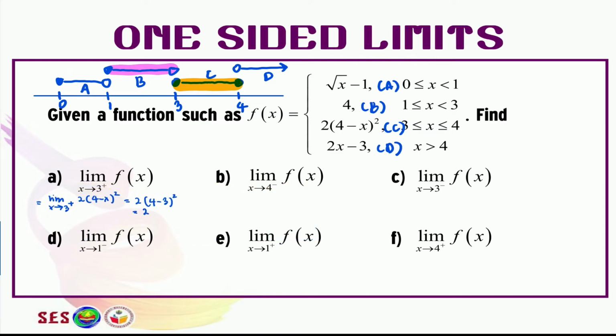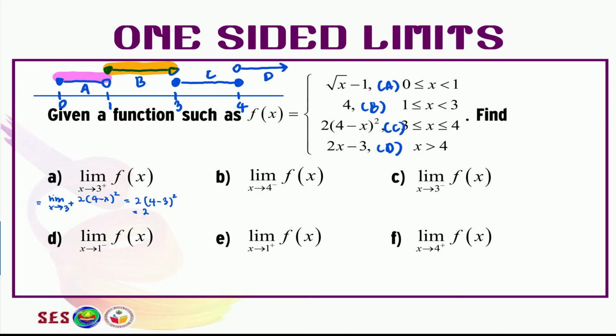Now let's try question D. We want to find the value of f(x) as x approaches 1 from the left. Okay, again, focus on the function around x equals 1. We have this function and this function. Since we want the one from the left, which one do you think we should use? Is it function A or function B? If you say function A, pat yourself on the back because you are doing so good.